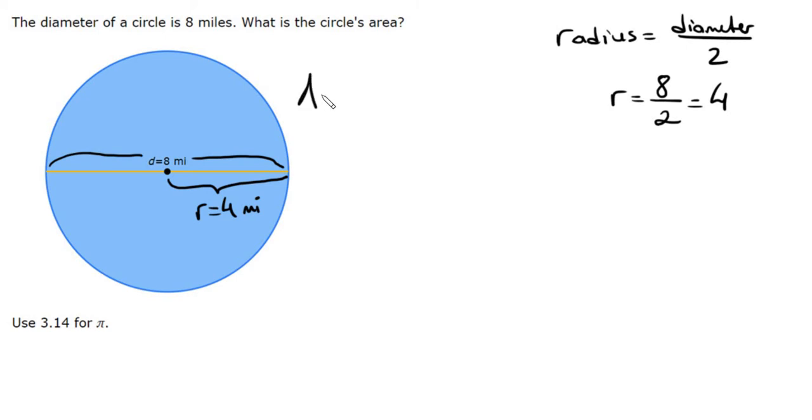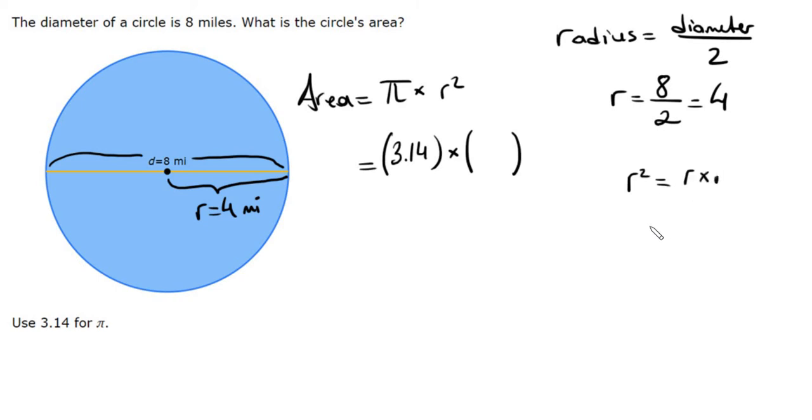For the area of this circle, we need pi r squared. We know that pi is equal to 3.14, and this is multiplication, so we have to write r squared here. If r is 4, then r squared is r times r, which is 4 times 4, which is 16.